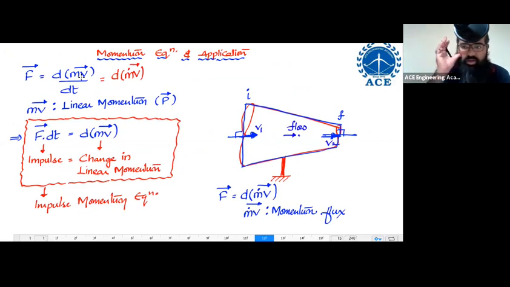Accept it. But right now, what we are looking for is a steady flow condition. In steady flow, velocity can vary with space, but it is not supposed to vary with respect to time.